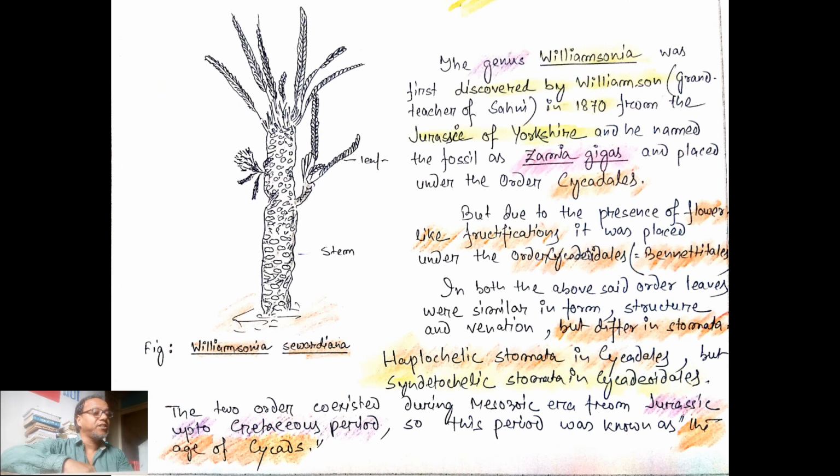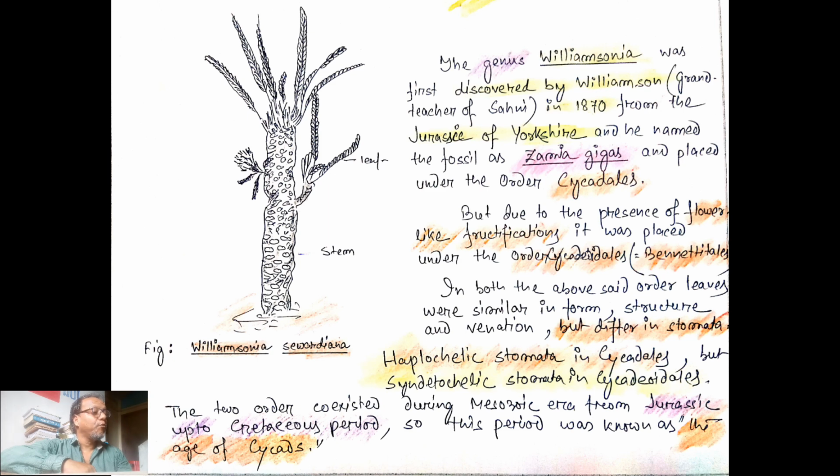He was the grand teacher of Birbal Sahni. So he discovered the genus in the year 1870. But due to the presence of flower-like fructifications, it was placed under the order Bennettitales.